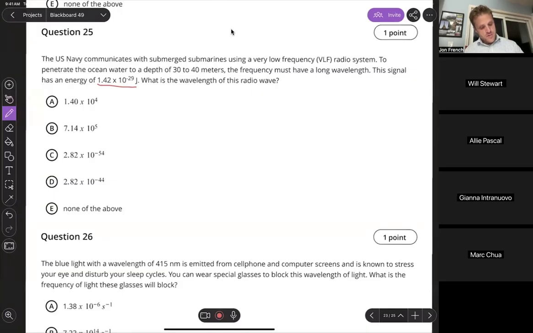I would say energy equals Planck's constant times speed of light over wavelength, because this equation relates energy and wavelength. We're looking for the wavelength, so we can rearrange this to say wavelength equals Planck's constant times speed of light over my energy. Wavelength equals Planck's constant, 6.626 times 10 to the minus 34 joules times seconds.